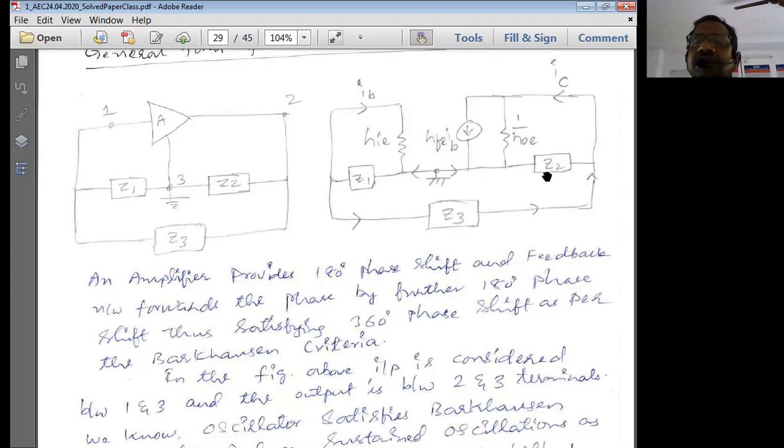So the output signal is phase shifted by 180 degrees. In order to get oscillations, we should compulsorily have 360 degrees. So another 180 should be provided by the feedback network. 180 plus 180 becomes equal to 360 degrees. Thereby we can say the total loop phase shift of this entire circuit is going to be 360 degrees. This point is known as the Barkhausen criterion, which we discussed in the previous class. So we have to compulsorily apply the Barkhausen criterion to get the expressions for the condition of oscillations and the frequency of oscillations.